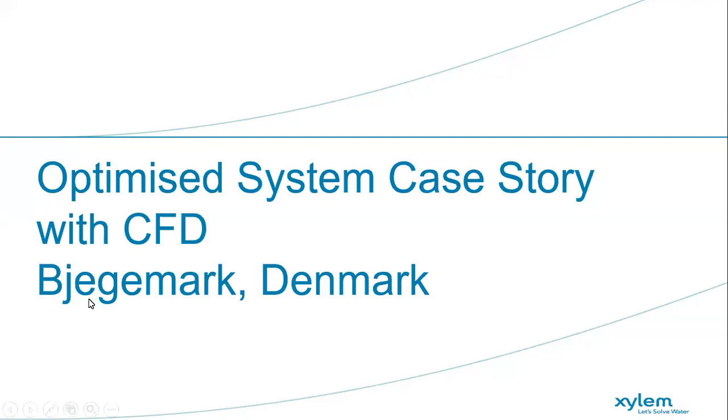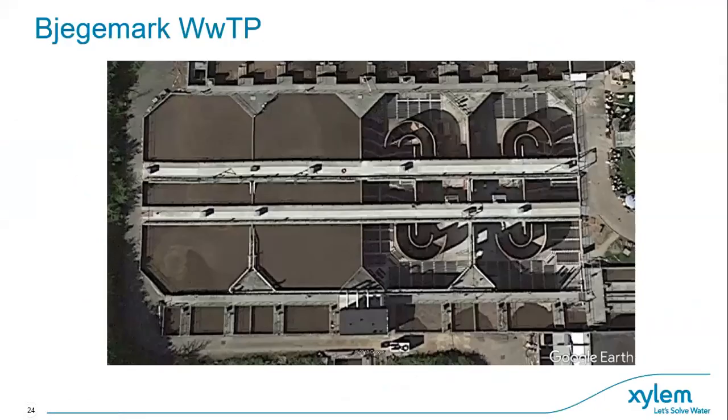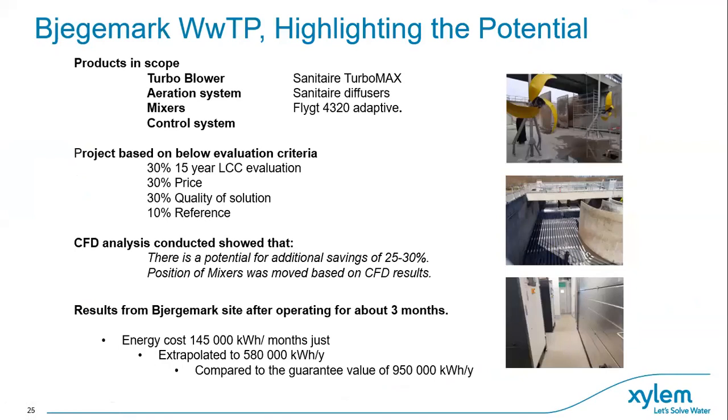So this project is from Bjegemark in Denmark, which is quite a nice case. This is the Google Earth view of the plant, and you see it being built at this stage. But of course now it's running. The scope for this was actually blowers.